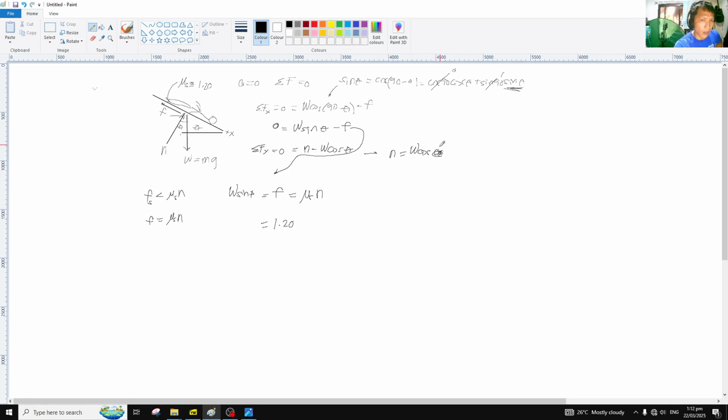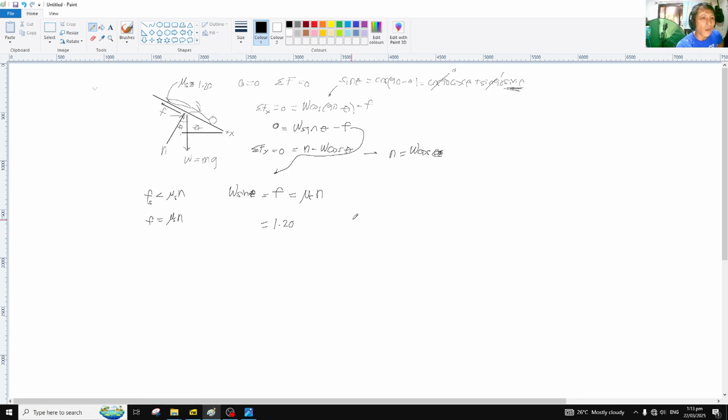Your aim here is to arrive at theta because you're solving for that angle. So you make equations, and then finally you will arrive at theta by using what is constant, like W. W is constant.